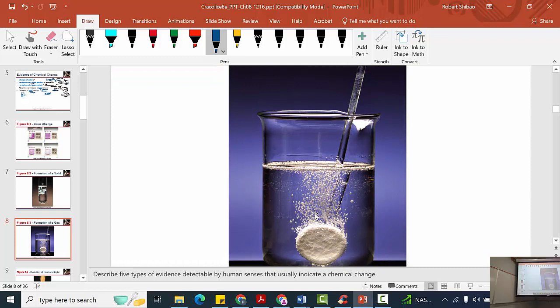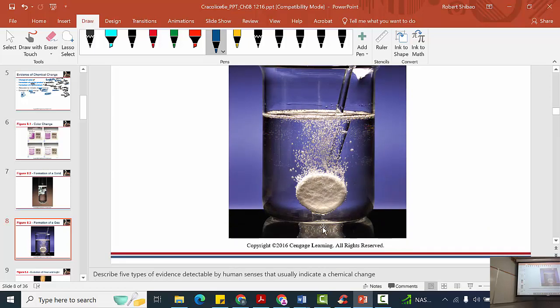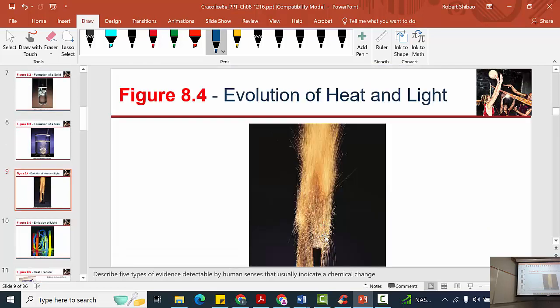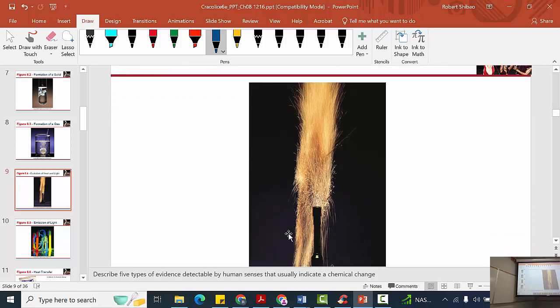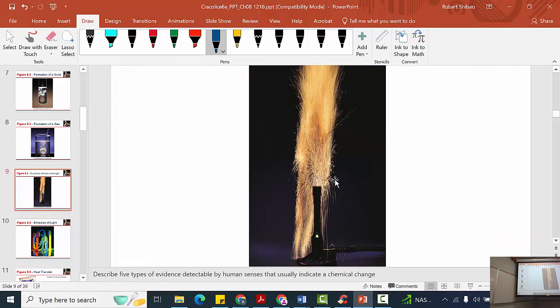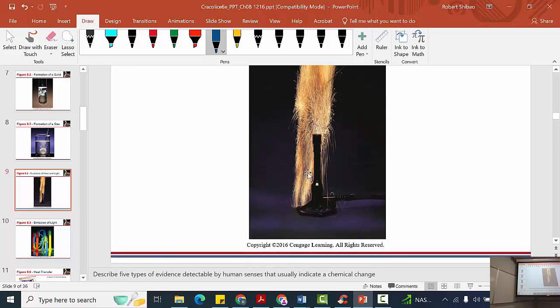This is effervescence or gas formation here. Clearly a chemical change has occurred. This is heat and light being emitted. That looks like they put powdered iron into the Bunsen burner.